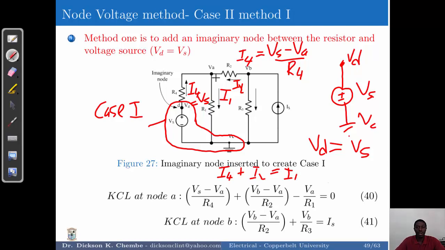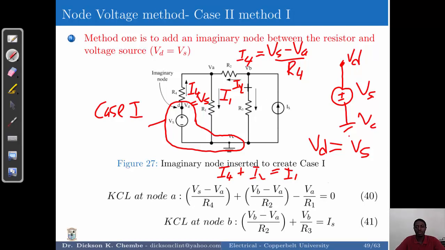And we know I1 is the potential difference between Va and Vc over resistor 1. But because Vc is equal to 0, what we obtain is simply Va over R1. And when we take this I1 over the equal sign, it becomes a minus. And this is how we formulate the equation for node A.